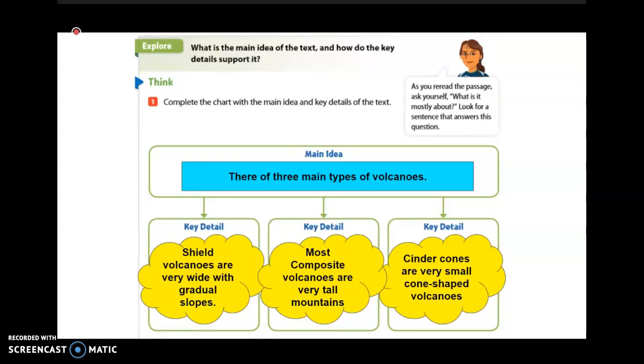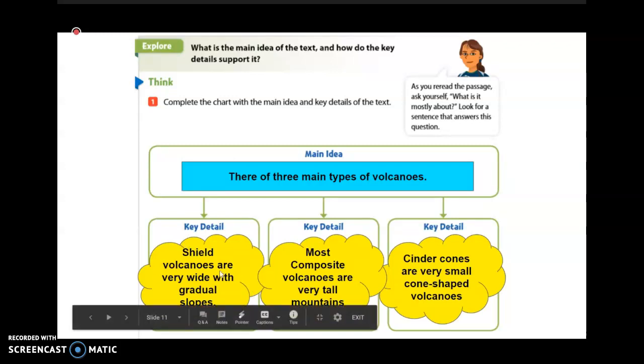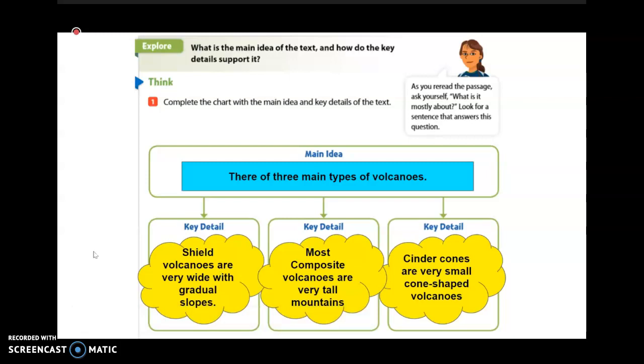We said that our key details, my evidence, is that they told me about the shield volcanoes, which are very wide with gradual slopes. The composite volcanoes are very tall mountains, and the cinder cones are very small shaped volcanoes.